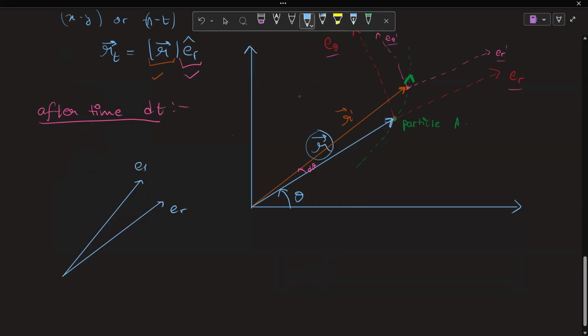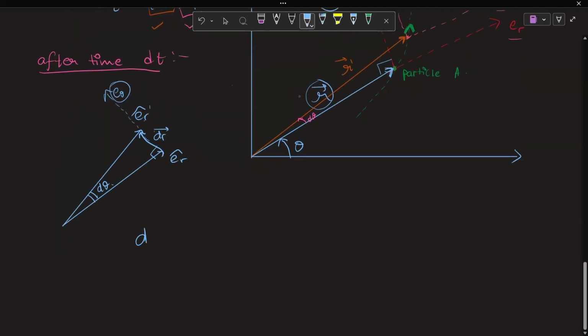Er, er dash, and let's say another dr vector will be perpendicular to the original direction, with er cap unit vectors, and this is the angle d theta. Notice that this dr vector is perpendicular to the original er vector, and we also know that e theta was originally perpendicular to the er vector. So the dr vector is in the direction of e theta only.